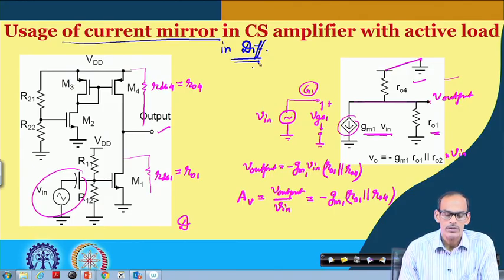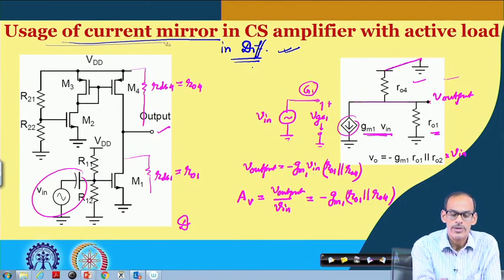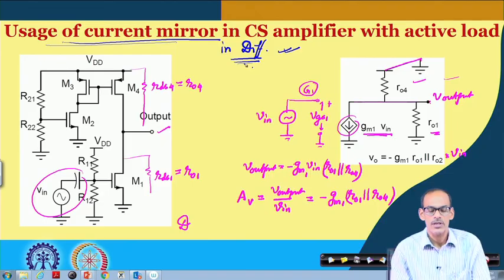The discussion there will be quite involved, so we will be discussing that, but let me take a break, and then we will be talking about usage of current mirror in differential amplifier.